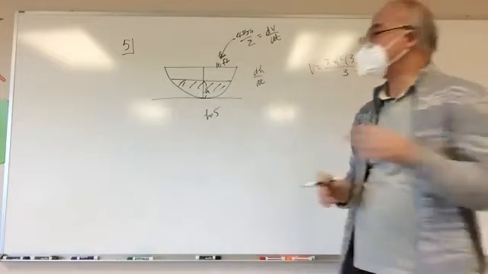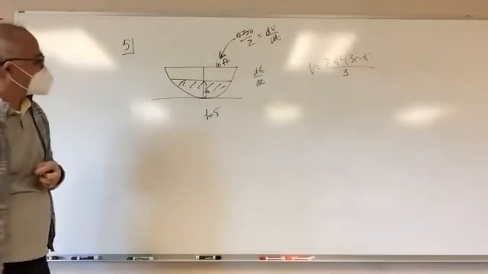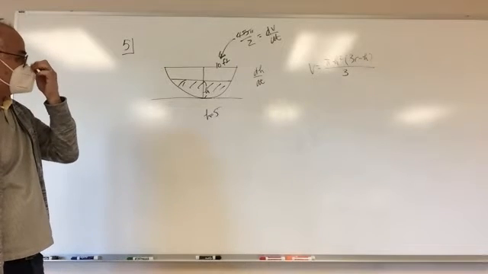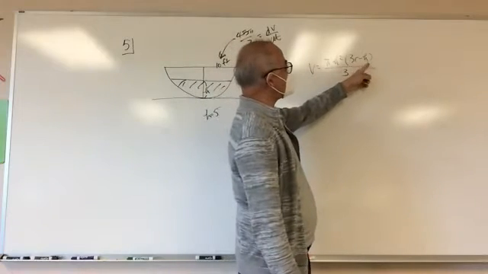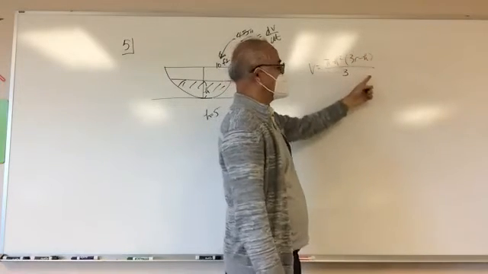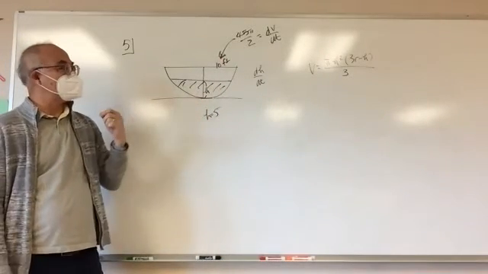Given this, somehow we need to tie r and h together and make this all into h's, correct? Wouldn't that be nice if we could do that?